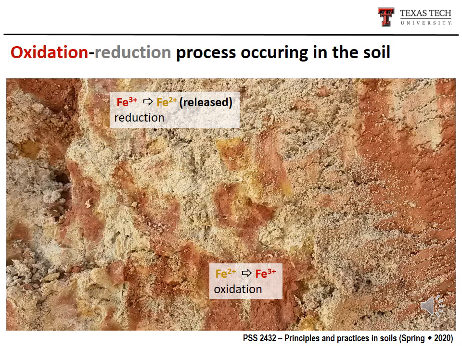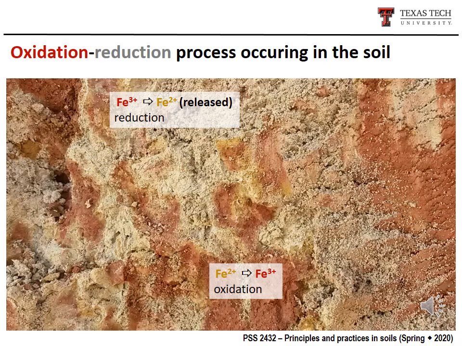The iron 3, as you know, is responsible for red color, and the iron 2 is colorless, and also the iron 2 is very soluble. The iron 2 can be easily released.